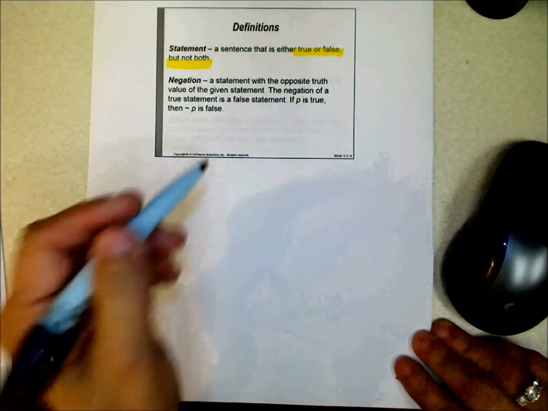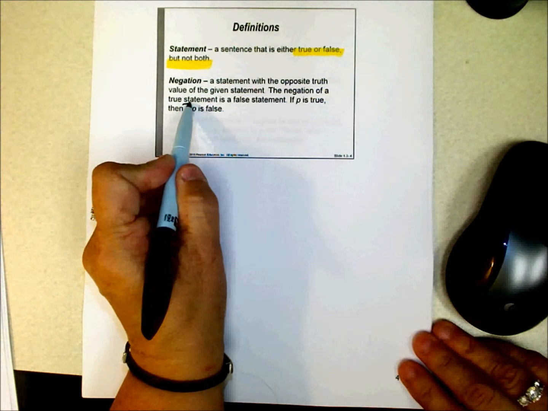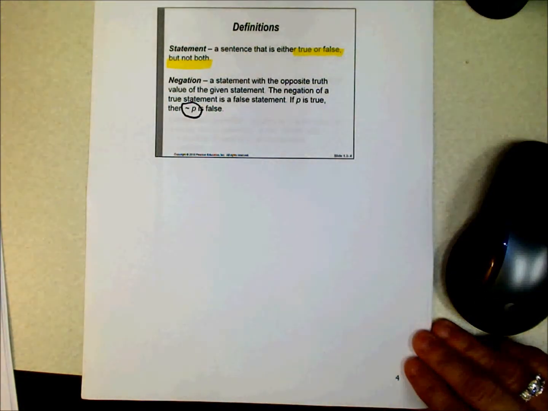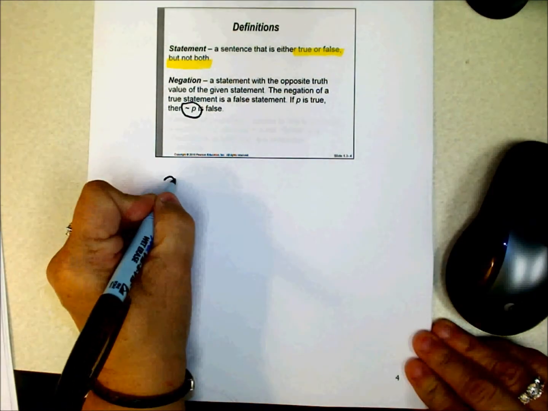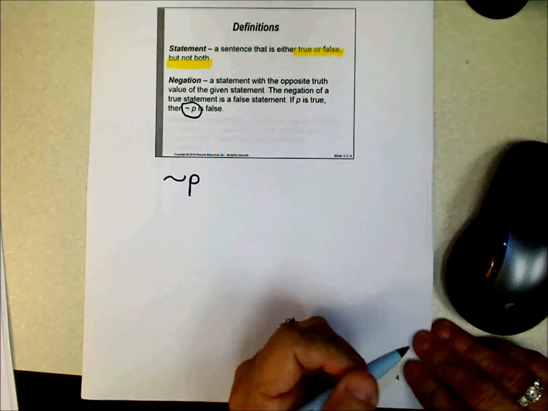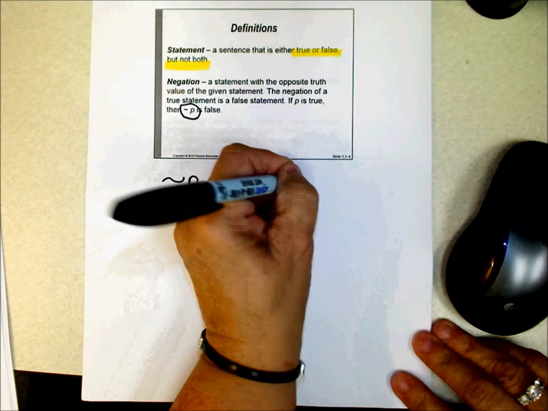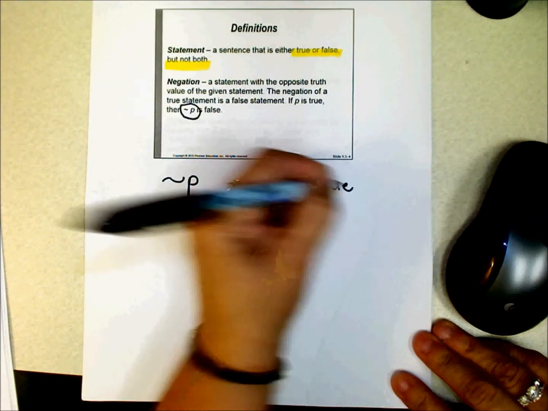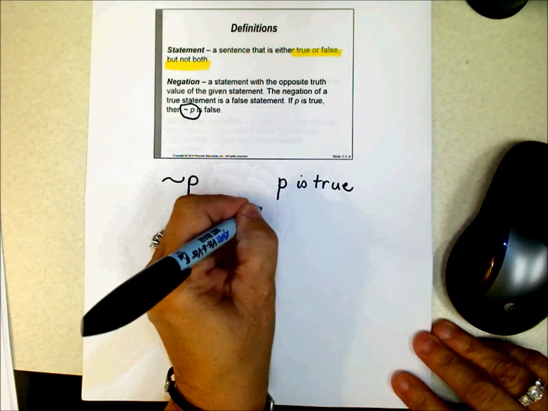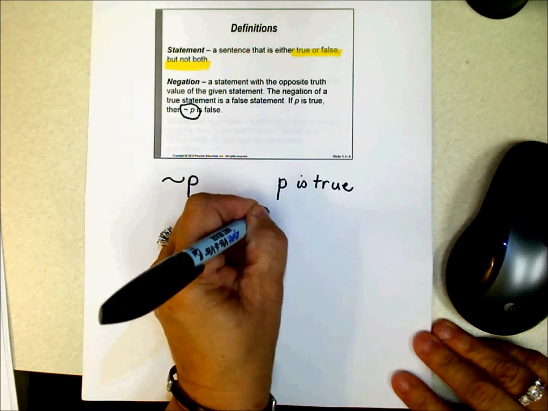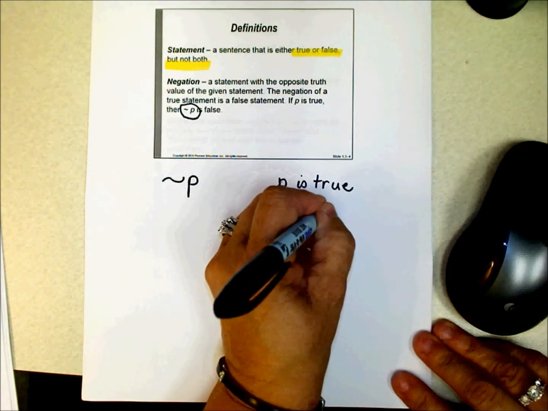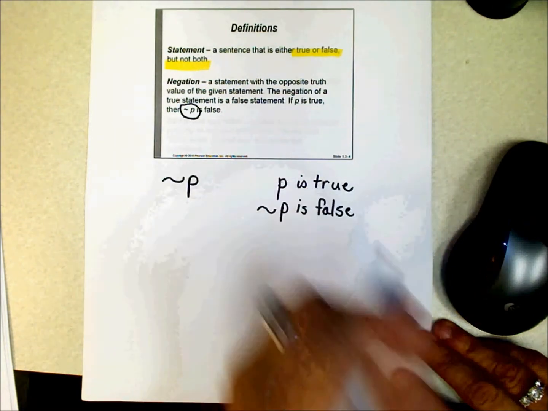Now, one of the things that you need to see when you start talking about negation is it's a little squiggly mark. P is true. And if P is true, then the opposite of P is false. That's a given all the time.